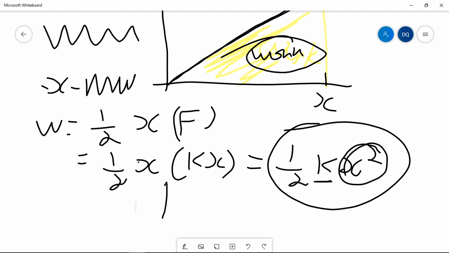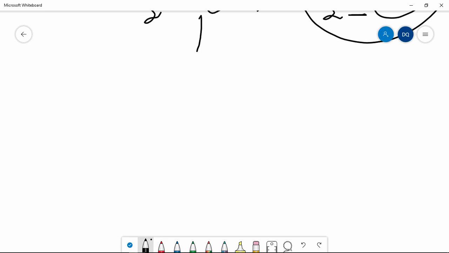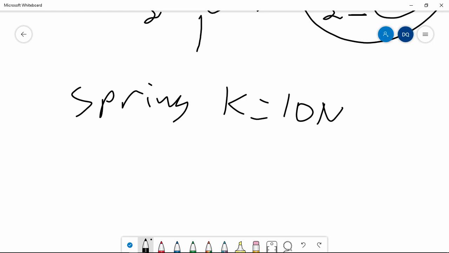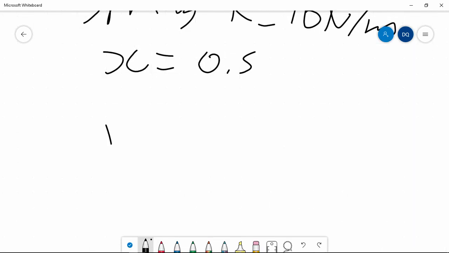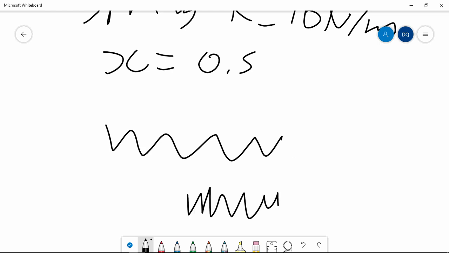So let me do a clear numerical example. Let's say I have a spring and the K value is 10 newtons per meter, and I compress it a distance of half a meter. So what have I done? I've taken this spring and I've compressed it by half a meter.